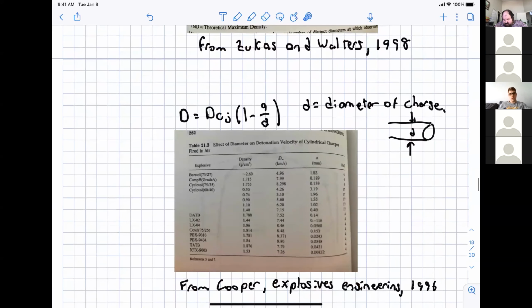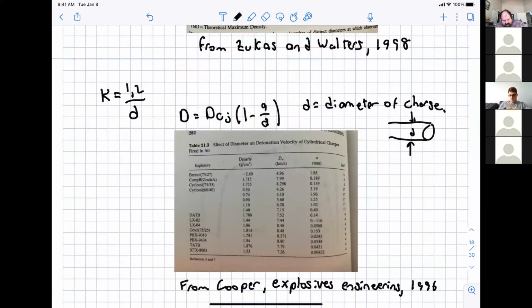And then for other charges, they'll sometimes just do a nice straight-up linear fit, like I showed before, where D will be D_CJ times the quantity 1 minus a constant over the diameter. And recall that kappa for some sort of stick will be either 1 or 2 over the diameter, depending on whether it's a sphere or some sort of cylinder.